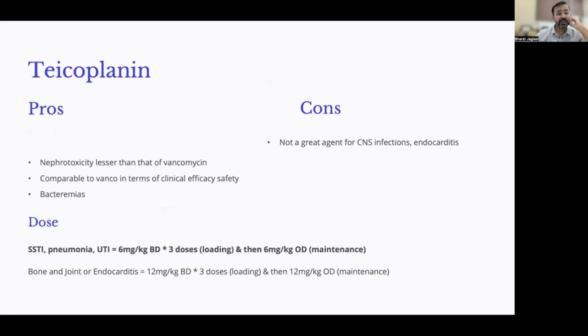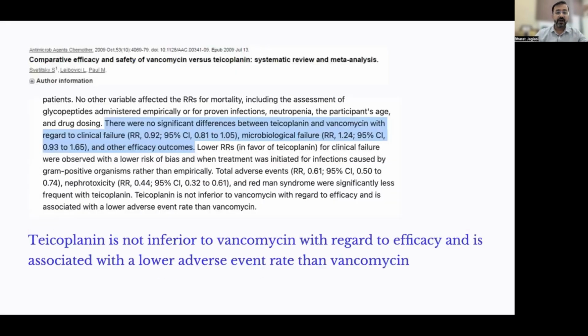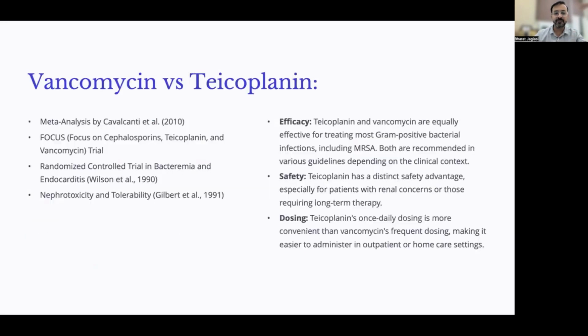But in comparison, teicoplanin is less nephrotoxic as compared to vancomycin. Efficacy is equally good even in terms of bacteremia, but it's not a great agent for CNS infection in the endocarditis patient. But when there was a comparative efficacy and safety analysis of vancomycin versus teicoplanin, a systematic review and meta-analysis, teicoplanin was not inferior to vancomycin with regard to efficacy and was associated with lower adverse events than vancomycin.